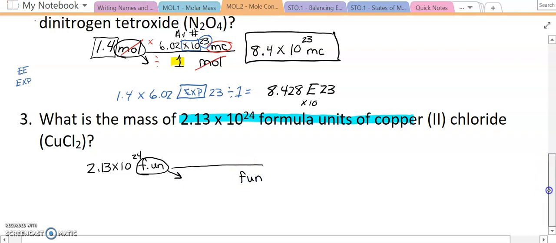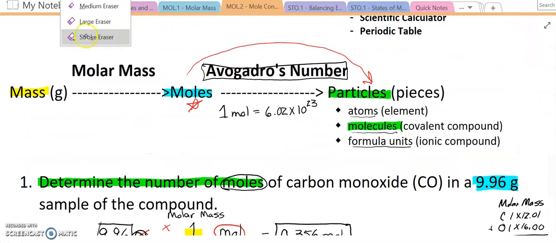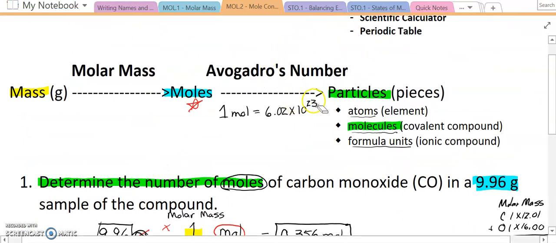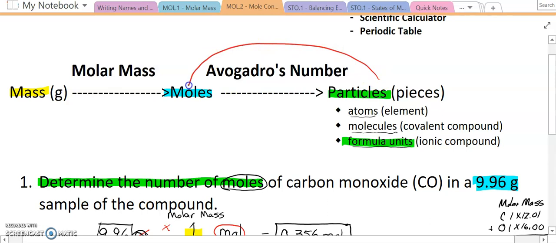And I'm going to go up to my chart. And this time, I am not going to be starting with moles. This time, I'm going to be starting with formula units. Well, if I start with formula units, I really don't have an option. I have to use Avogadro's number, and it's going to get me to moles. I don't care what my problem's trying to get me to.